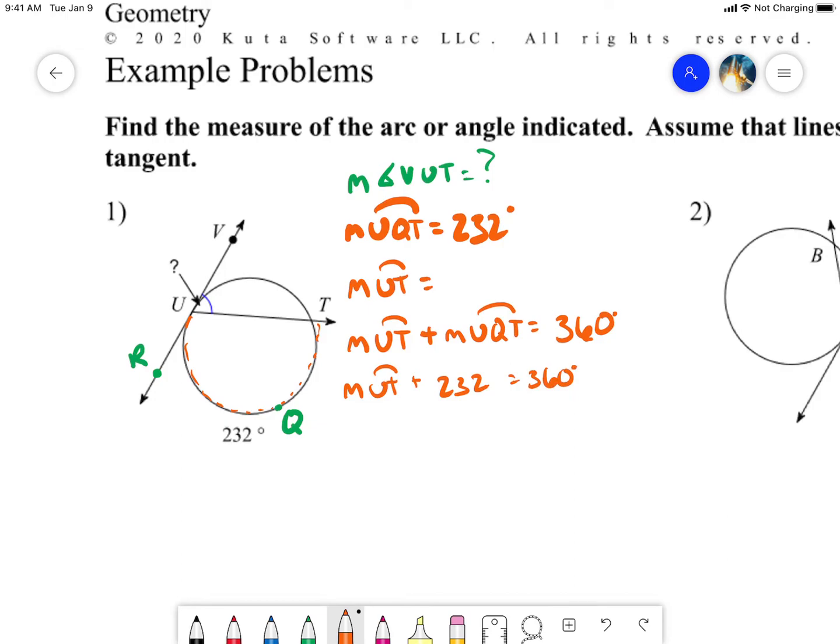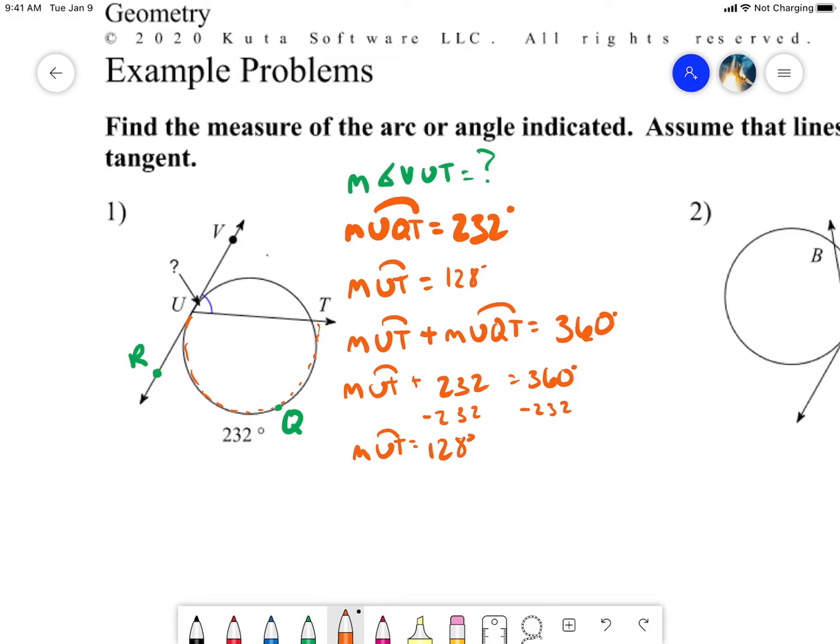So if I wanted to find the measure of arc UT, all I do is subtract 232. And I get the measure of arc UT is equal to, what is that? 138? That doesn't sound right. 128, thank you. 128 degrees.